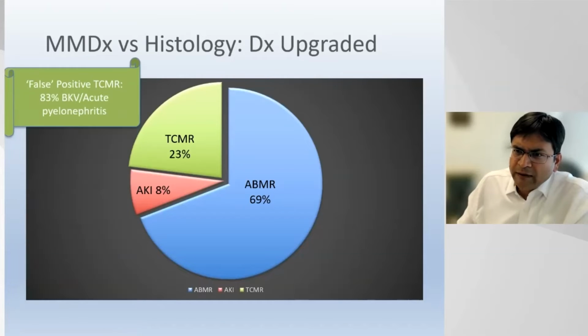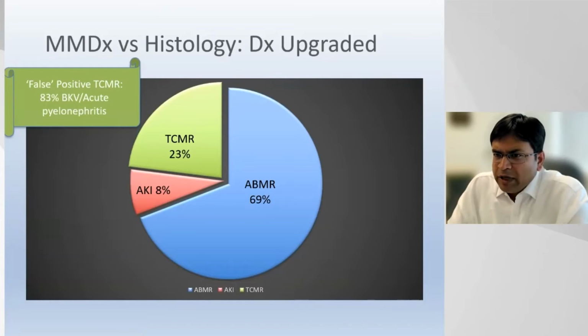And most of these cases are either BK virus or acute pyelonephritis because of bacterial infections. Now, this is nuanced, and I'll talk about the BK virus story in the next few slides, because it's not as simple as saying that MMDx is false positive for TCMR. It may be that many of these cases have coexistent rejection and BK virus nephropathy.